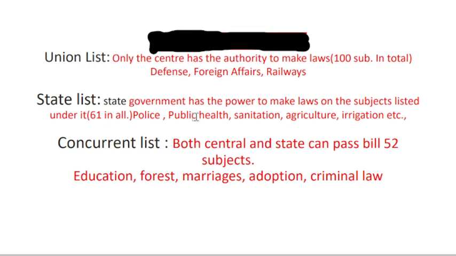For the subjects in the union list, only the central government takes decisions. For the subjects in the state list, only the state government has the right to take decisions. And for the subjects in the concurrent list, both the central and state governments have equal right to take decisions.